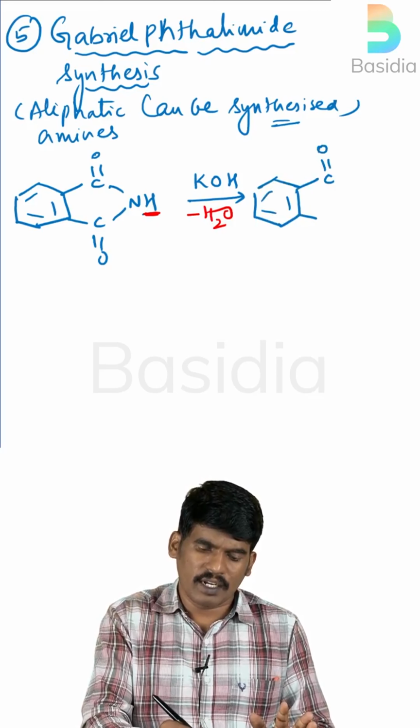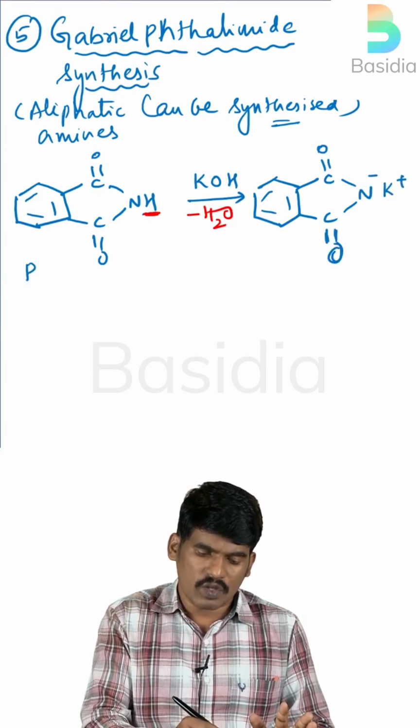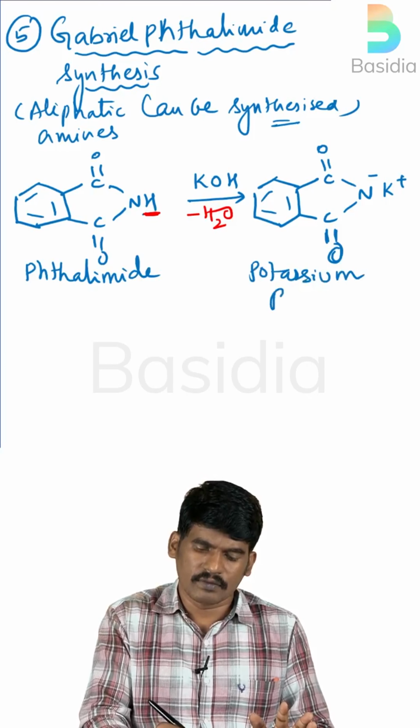Acid has been treated with the base, you will get a salt. This is C double bond O, and it is N minus, K plus. The salt we got here is called potassium phthalimide.